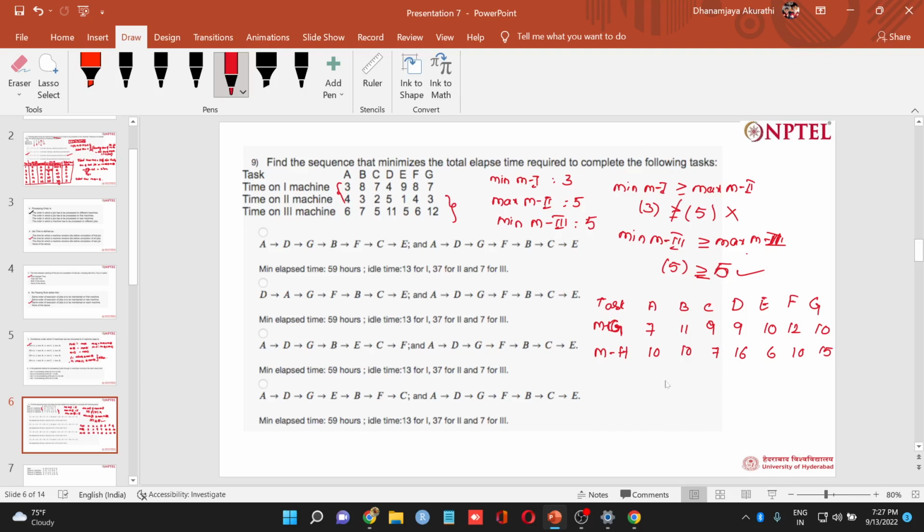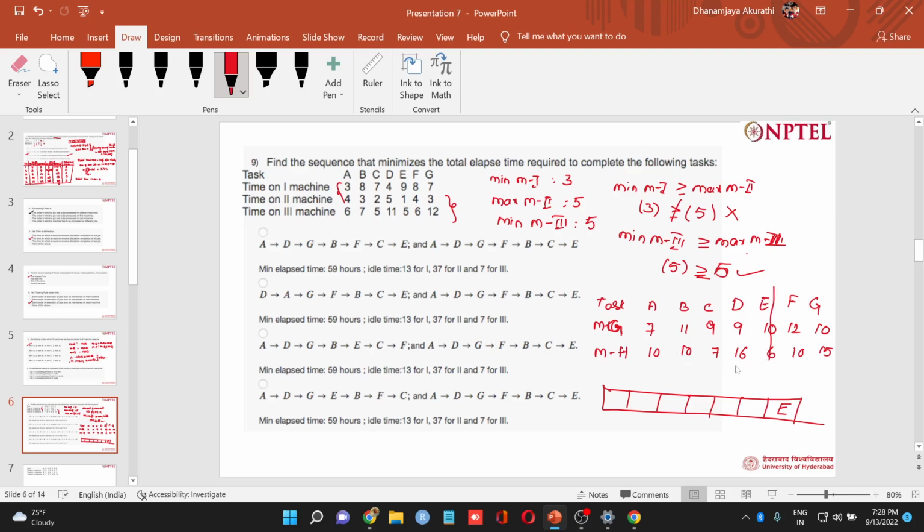In the previous way, first we have to select the minimum from the 2 missions. The minimum value here is 6. So the corresponding job is E, which is from the mission H, second mission. So we have to assign that E at the last of the sequence, and cross it out.